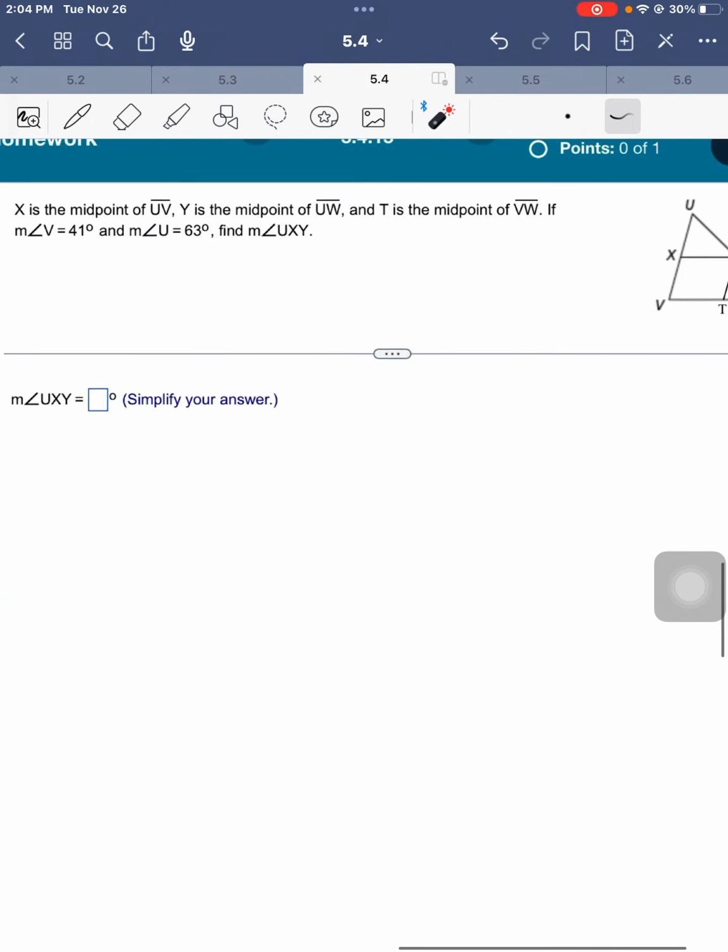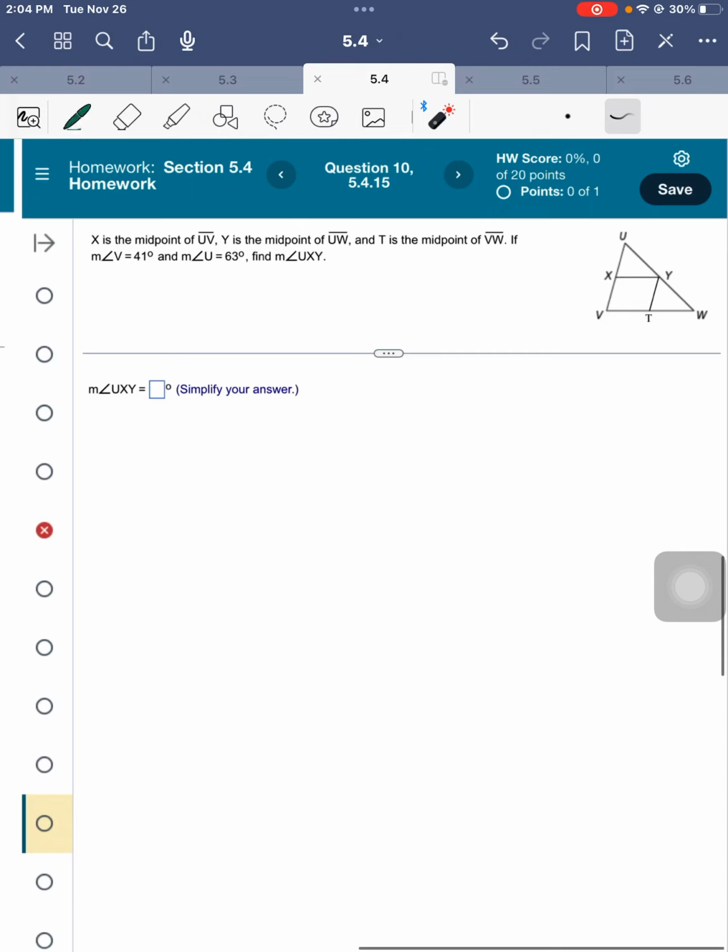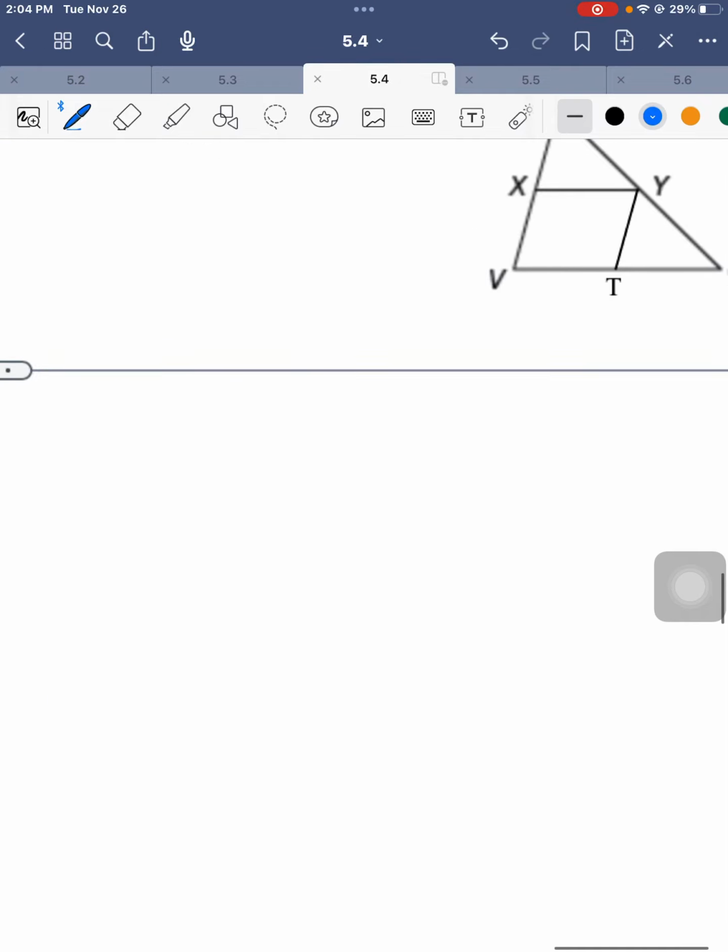Okay. So same thing here. Let's read. It's a lot, but let's read sentence piece by piece and see if it's easier than it seems. X is the midpoint of UV, Y is the midpoint, T is the midpoint. Okay, so they just told me this again. So now I know this.